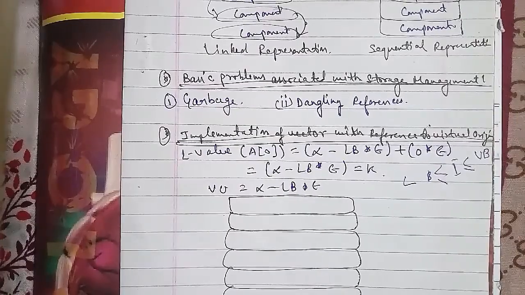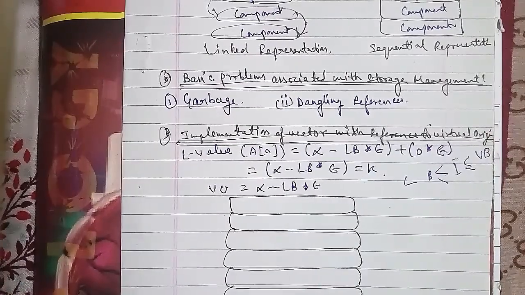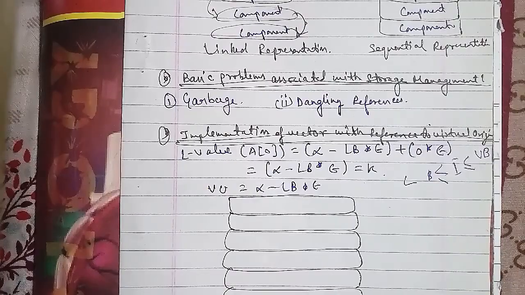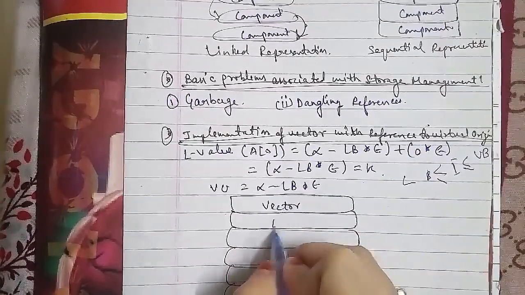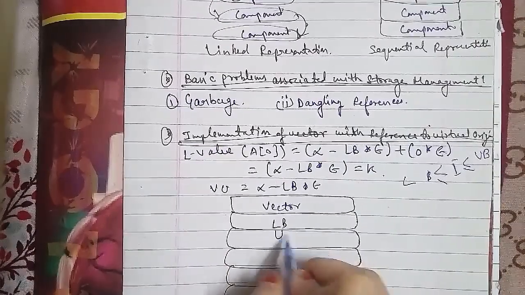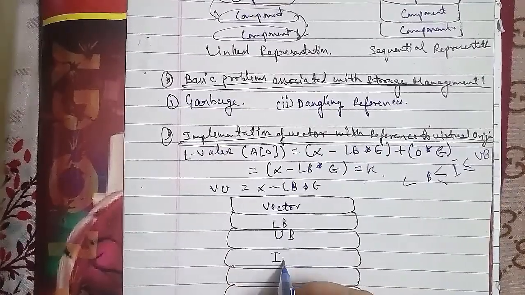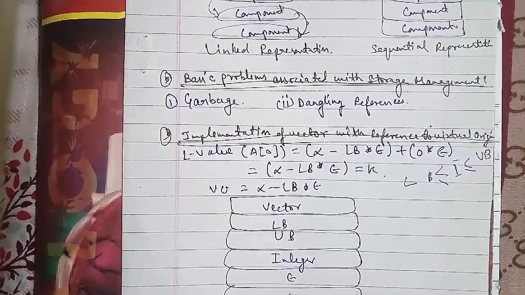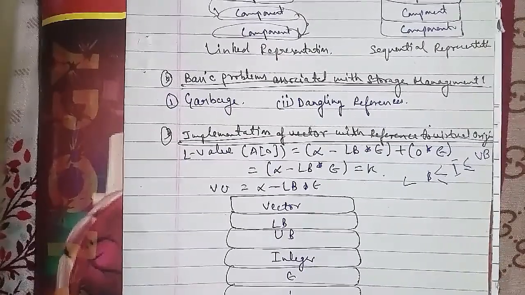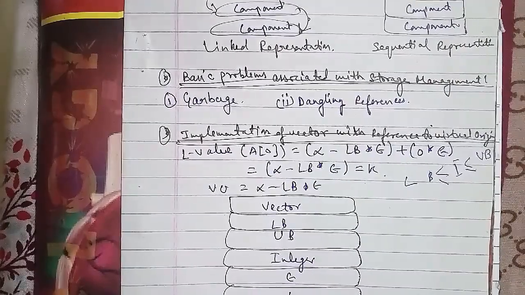So this is your vector. Then we have LB, then we have UB, we have integer, then we have E, then of course we have stop, then we have colon, and then we have colon, and then we have stops as well.